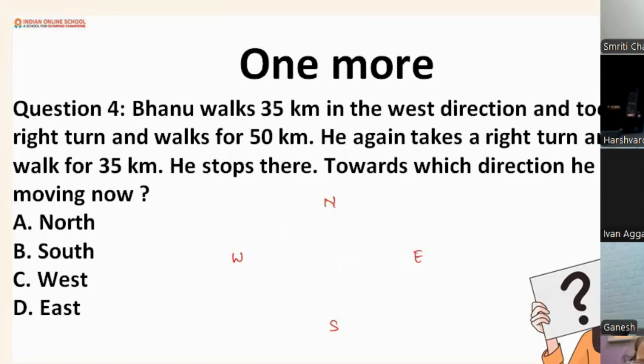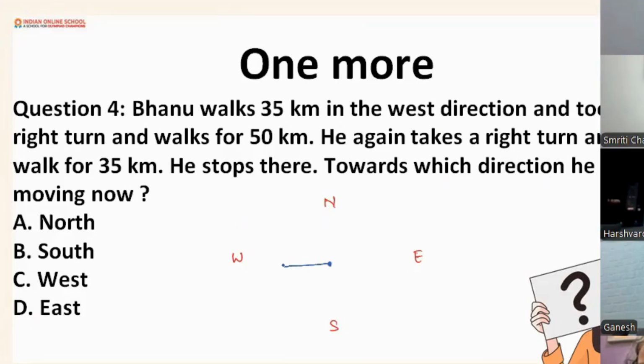Okay, next question is Bhanu walks 35 kilometers in the west direction. Okay, let's take it 35 kilometers in the west direction. And then he took a right turn. Right turn means in which direction? North direction. Very good. And walks for 50 kilometers.